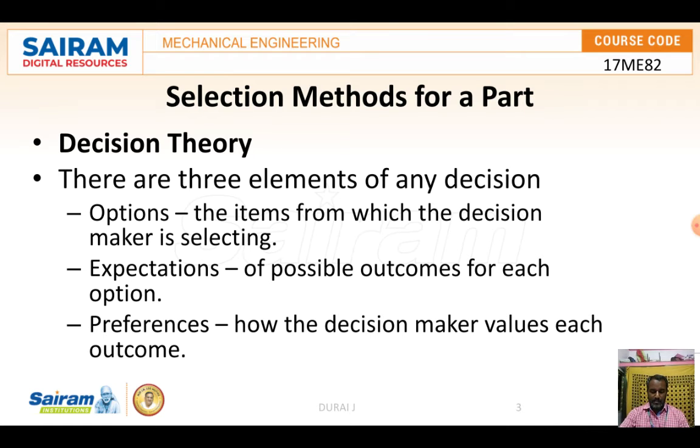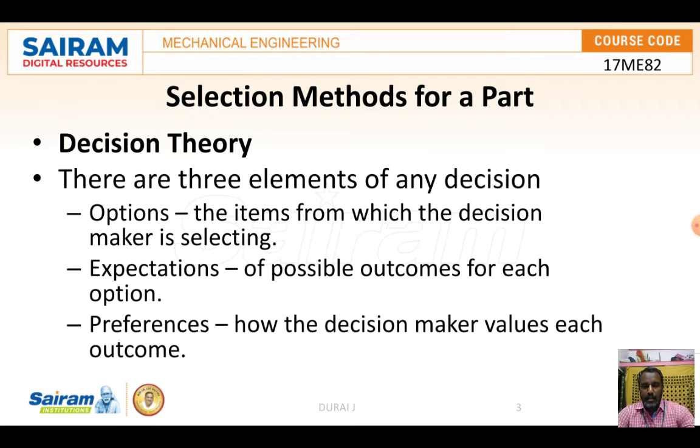Then compromise is the improvement of an alternative through modification, and coupled and hierarchical decisions are decisions that are linked together, such as selection-selection, compromise-compromise, or selection-compromise. So like that, these several types are there in decision theory.